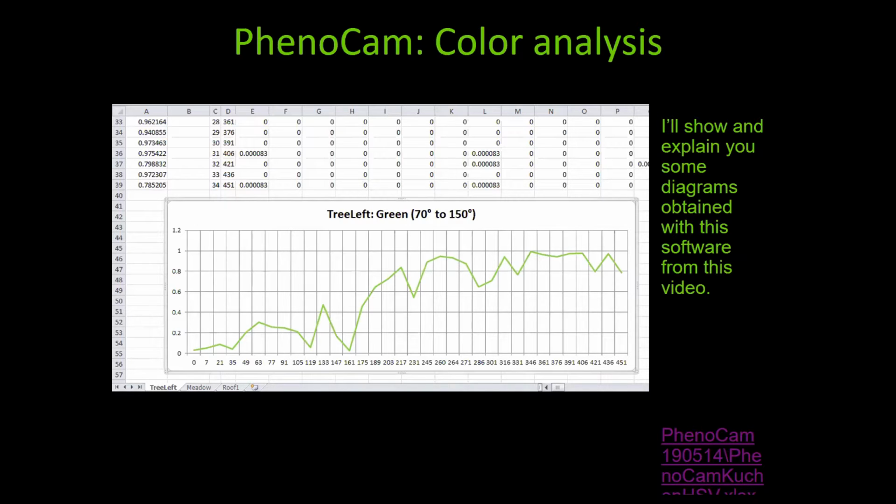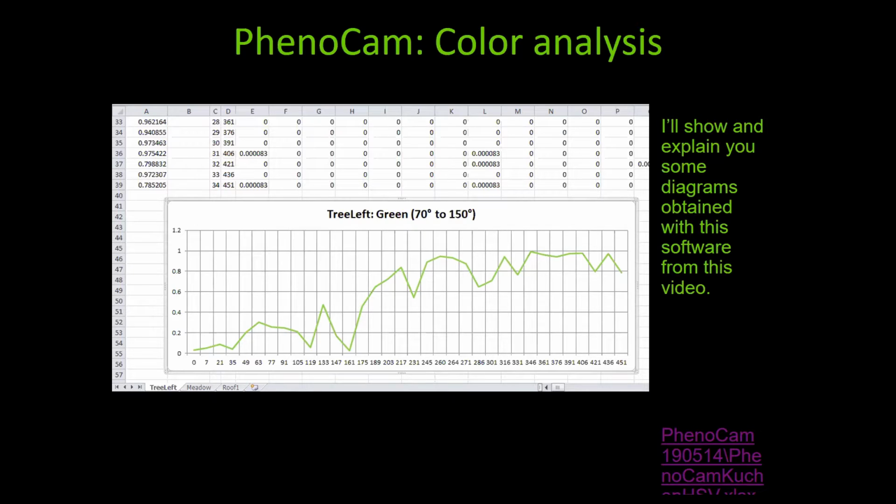I used it for the meadow also, but I tried it with different colors. Again, I used the green color, but as the meadow was all the time more or less green, it doesn't show a clear result.